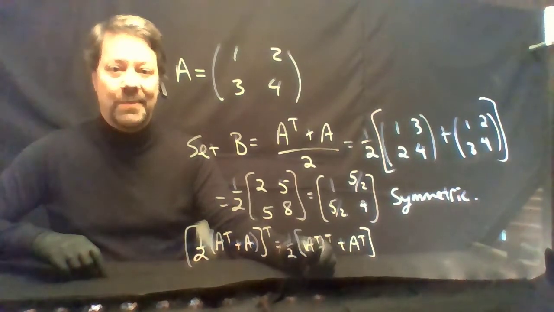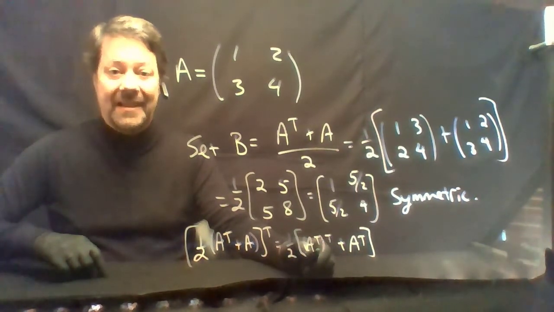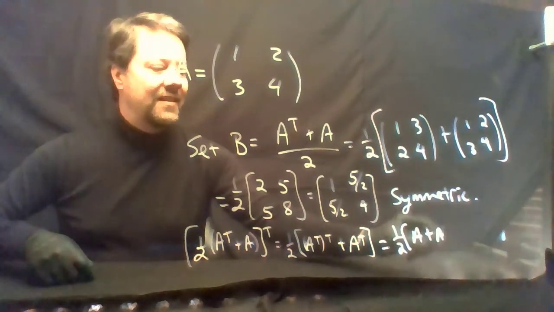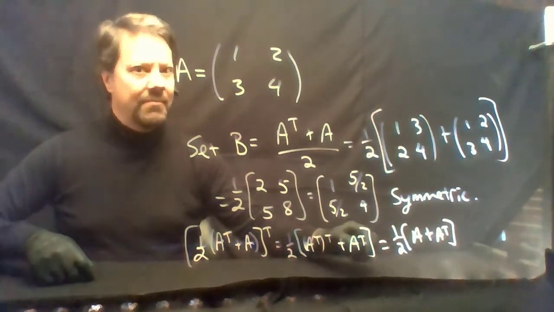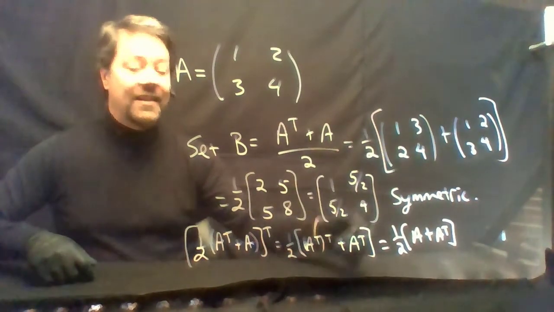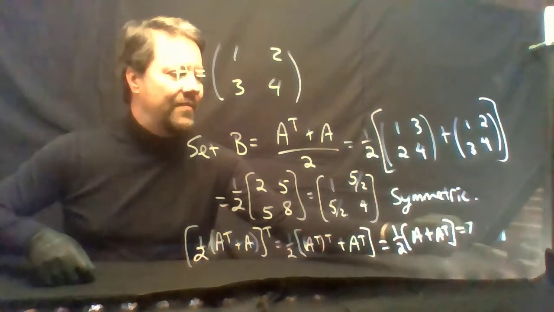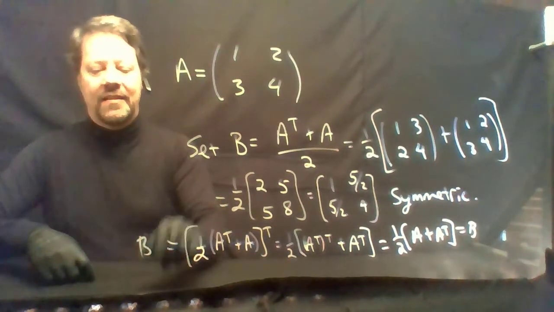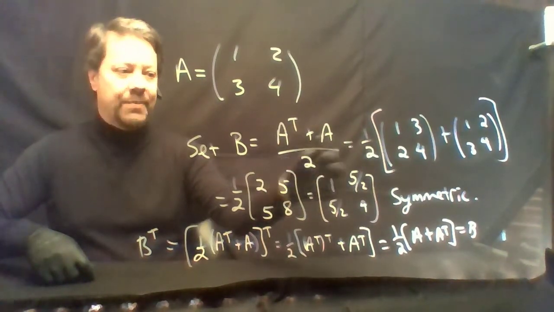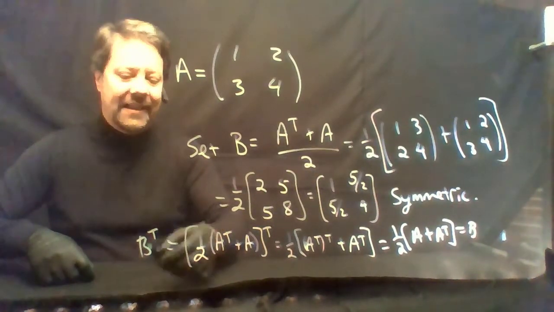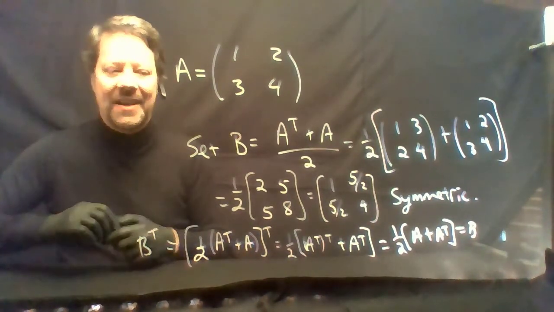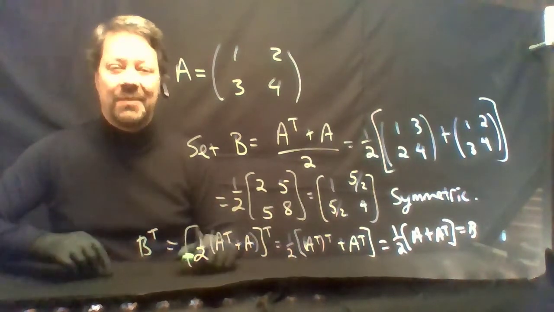Well, if I do the transpose twice, I put it back as the original matrix. So I get 1/2 A plus A transpose. Matrix addition is commutative, so I get A transpose plus A. I get the original thing, B, which tells me that B transpose equals B. It is symmetric, as we've seen in our example.